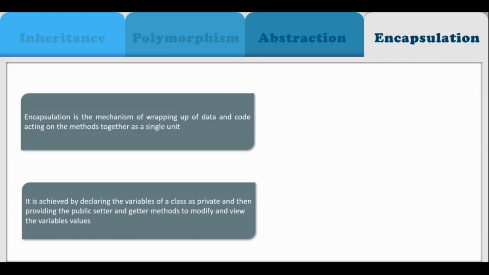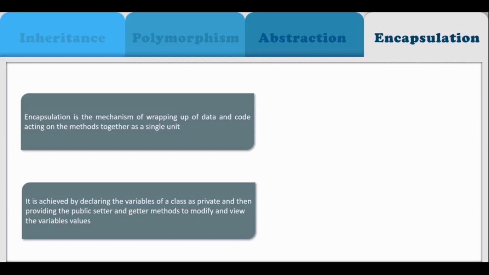Let's again take the example of television. In that case, the complexity, which was the circuits, the power supply, the board and everything, is combined with the essential features, that is the screen, the ports, the power button and the remote control.